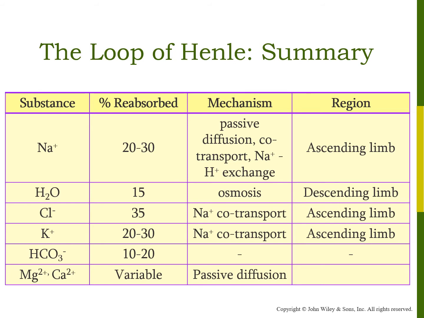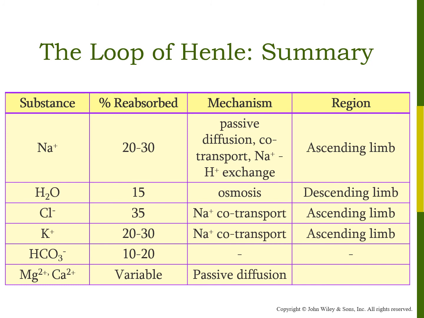Here is another table attempting to summarize the reabsorption in the loop of Henle. Sodium is reabsorbed by different mechanisms. We mentioned the co-transport with potassium and chloride, but also note that a significant amount of sodium diffuses into the blood via simple diffusion through the cells down its concentration gradient.